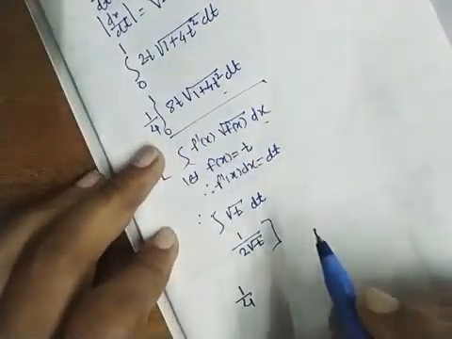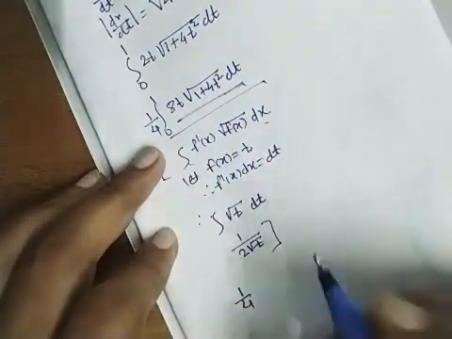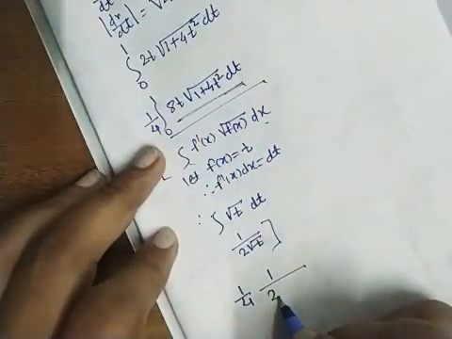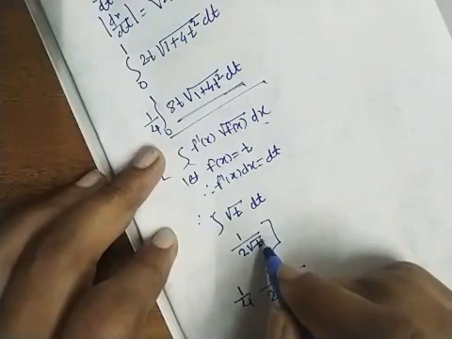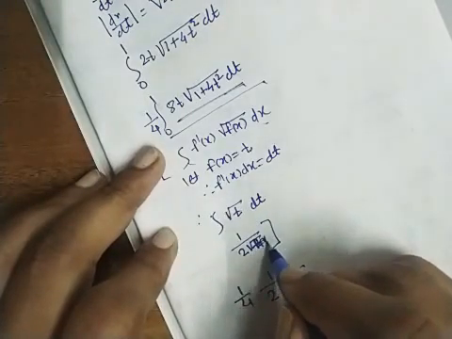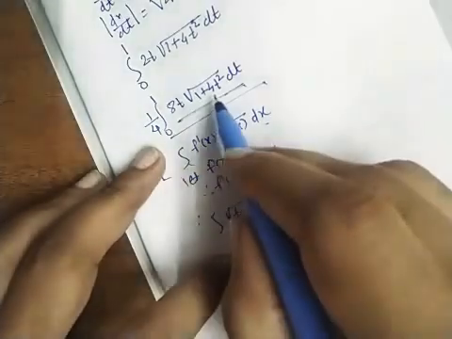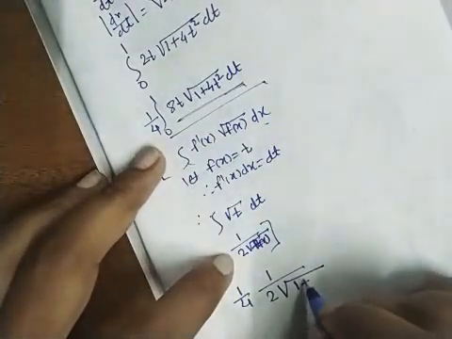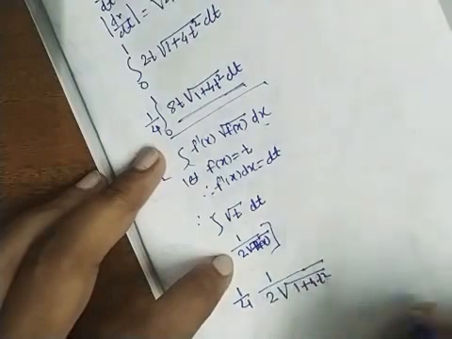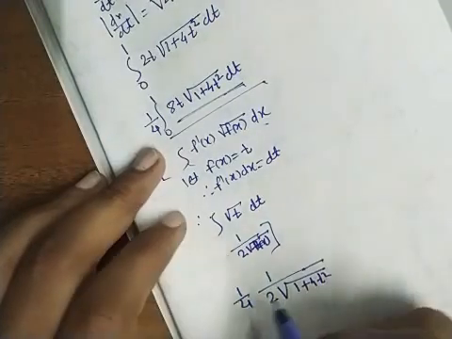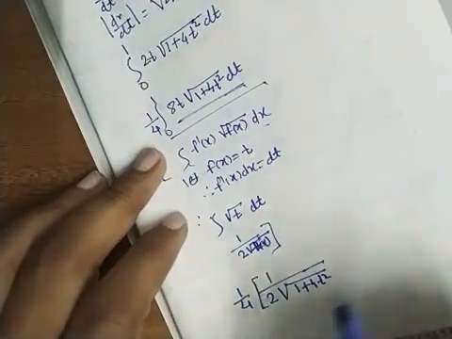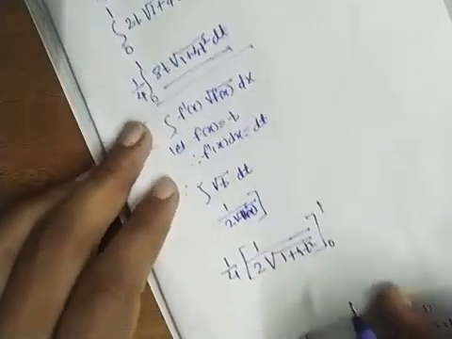Integration for this will be what? 1 upon 2. Now here, what was our t? t means f of x. So 1 upon 2 square root of our f of x, which is 1 plus 4t square, with limits 0 to 1.